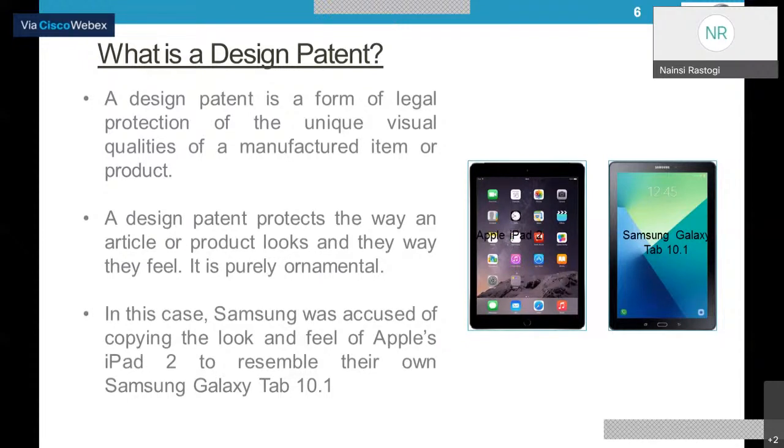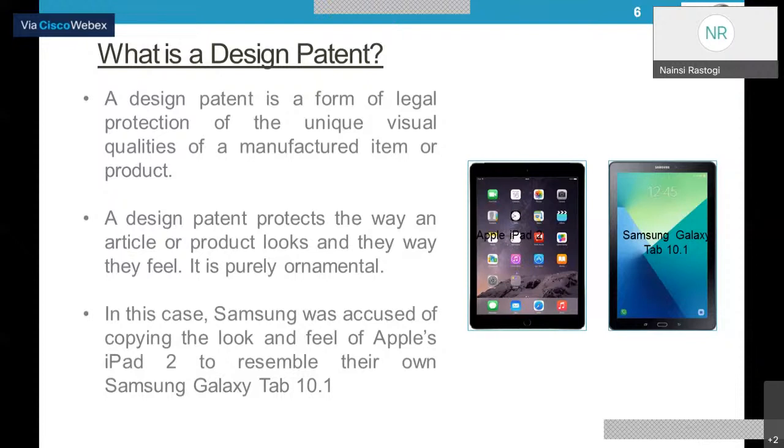A design patent protects the way an article or product looks and feels. It is purely ornamental, meaning how you conceive a design, and how a design attracts you with its look and feel. So that is the subject matter of a design patent.